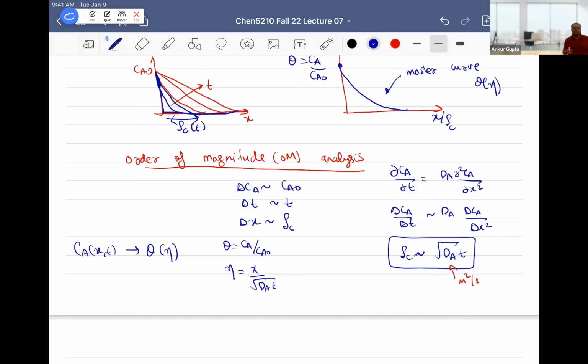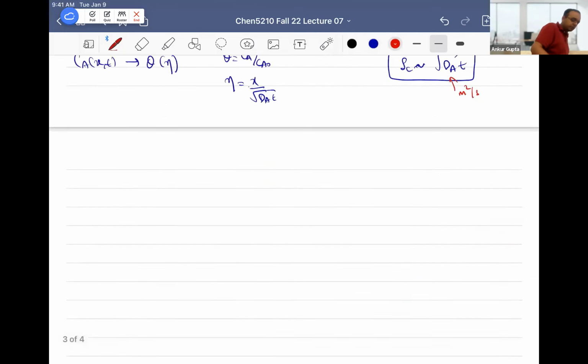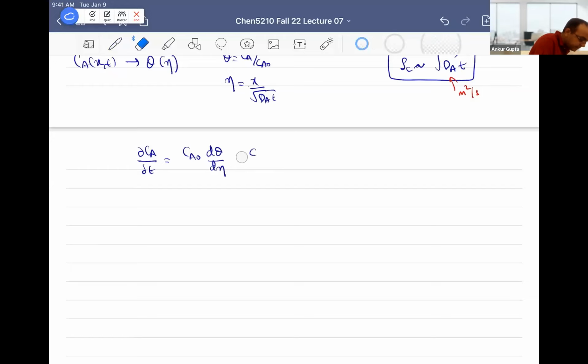Okay, so we did this, and then we quickly went through the product rules. I'll not do this today in the interest of time, but again, let me know if you have questions. I'll just list out what we got. We had done this. This comes out to be CA naught d theta by d eta, and this becomes CA naught d theta by d eta into del eta by del t, which becomes CA naught d theta by d eta times minus eta by 2t.